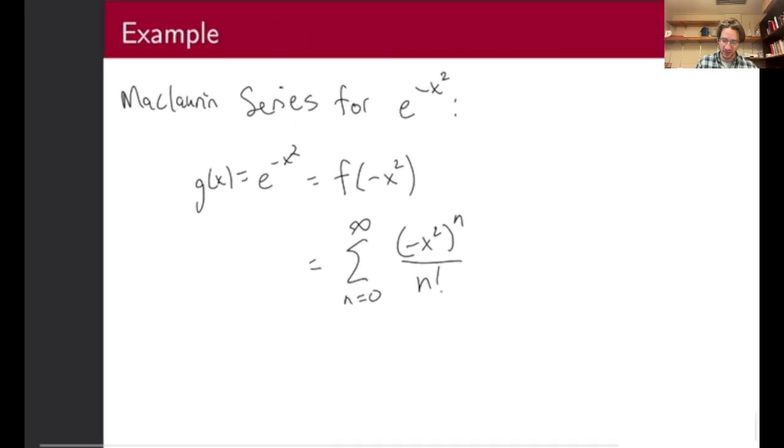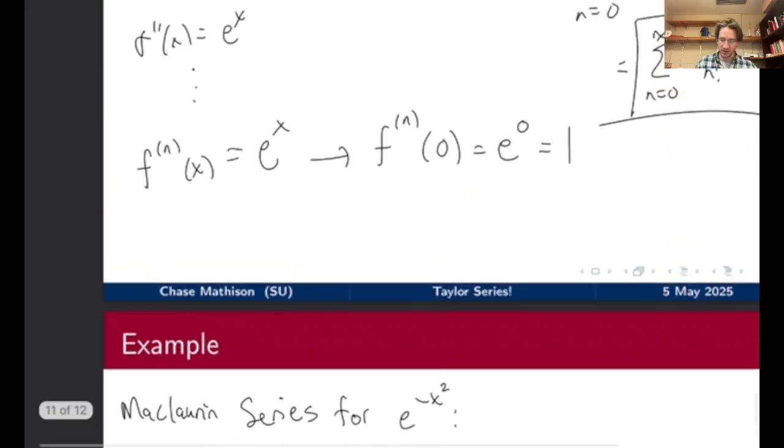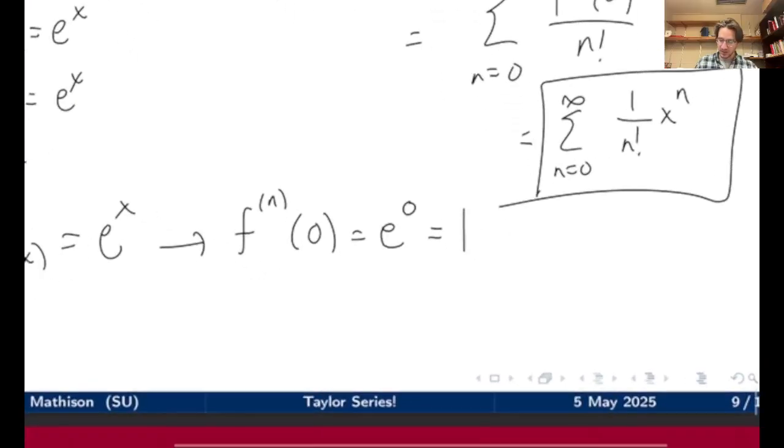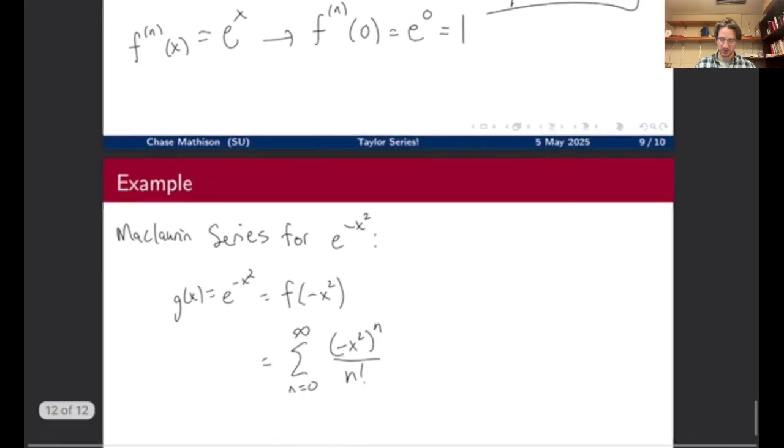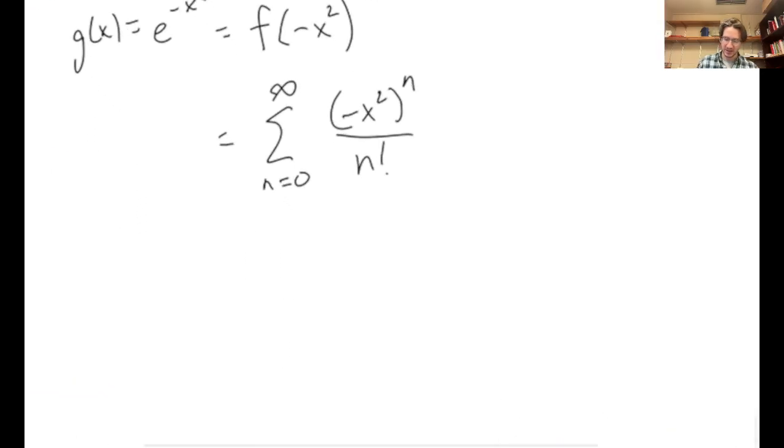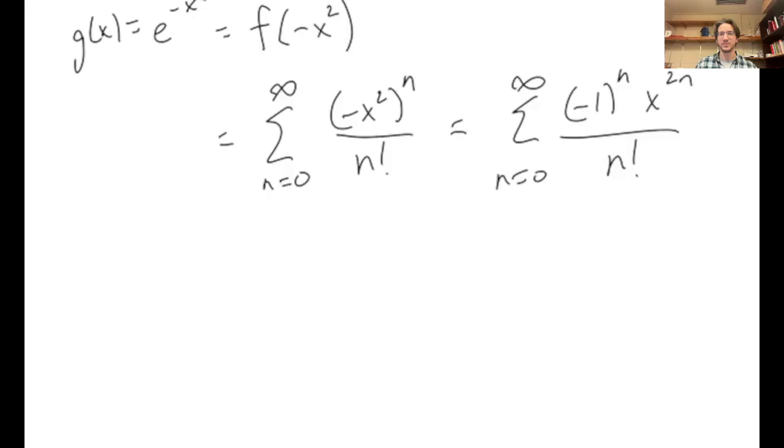All I've done is I've plugged in minus x squared into the Maclaurin series for e to the x. Okay. And this gives me the sum n equals 0 to infinity of minus 1 to the n times x to the 2n over n factorial.